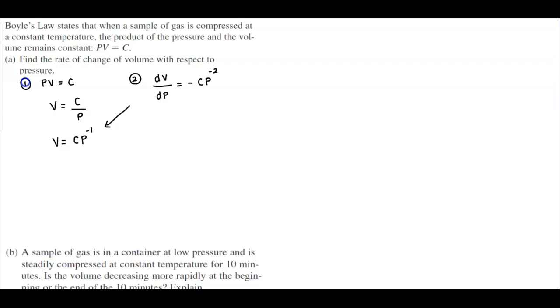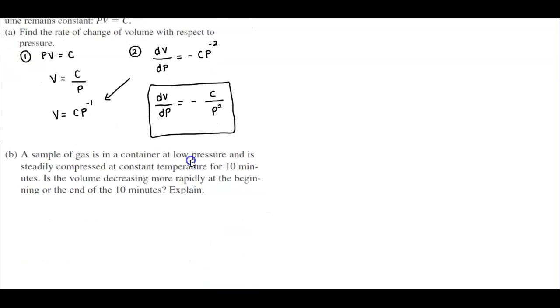If we want to rewrite this without negative exponents, dV over dP is going to equal -C over P squared. And therefore this is the rate of change of volume with respect to pressure.